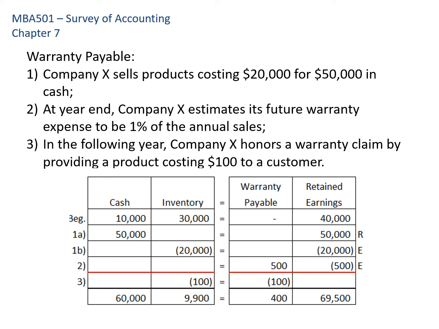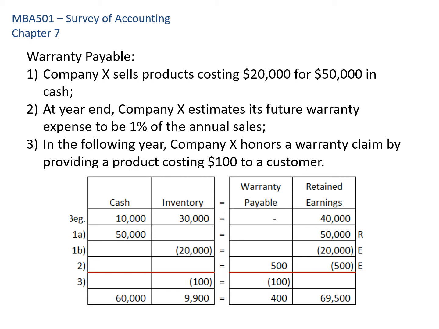And at the end of the year, I estimate that my future warranty expense is likely to be 1% of annual sales. That's based on my past experience or industry averages or something like that. So I recognize a payable and I recognize an expense associated with that warranty in the same period in which I made the sale, because that expense should be matched with the benefit of making the sale.